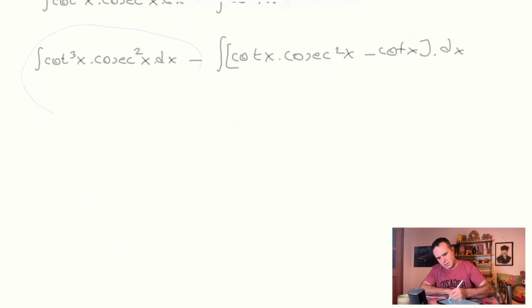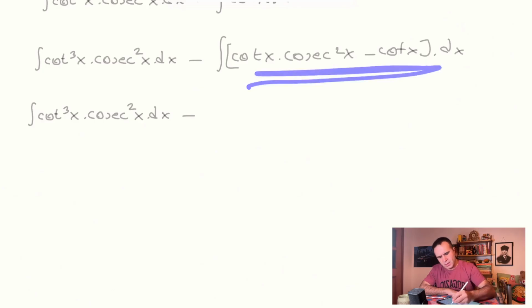Take this again down, and let's split this integral again.